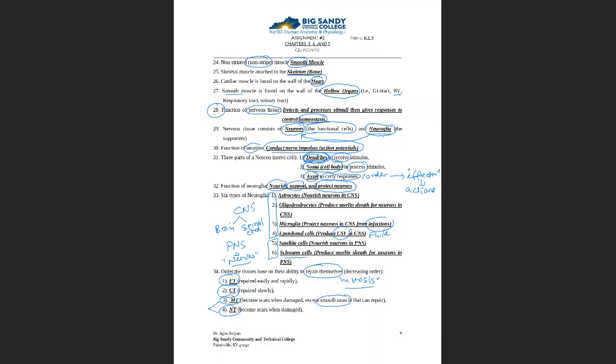But other muscle like skeletal muscle and cardiac muscle, when it is broken, it becomes scar. The same thing with the brain and spinal cord. When it is broken, it becomes scar tissue, which is nonfunctional. So they cannot be repaired.